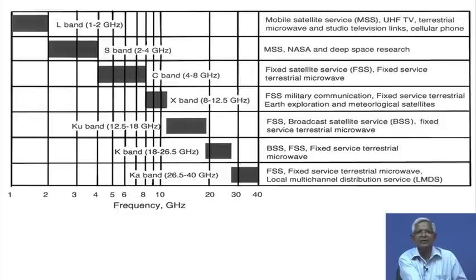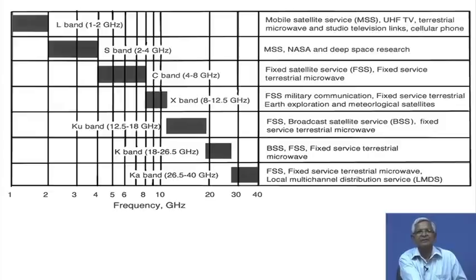BSS is also allowed in K band, which is 18 to 26 gigahertz, and Ka band is for fixed satellite service 26.5 to 40 gigahertz. Roughly these are the bands, but the details are shown like the previous page I have shown.